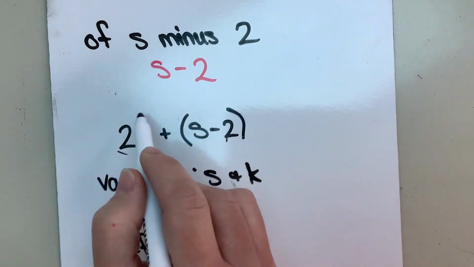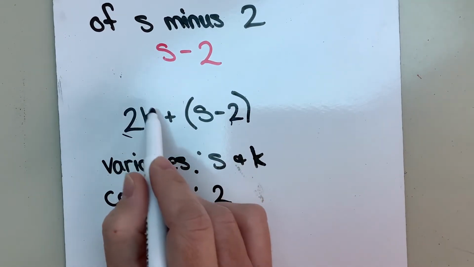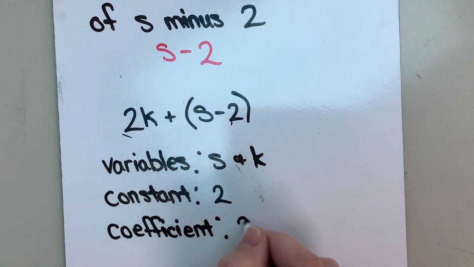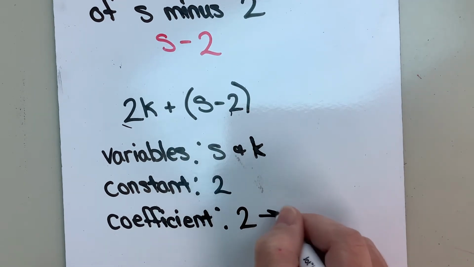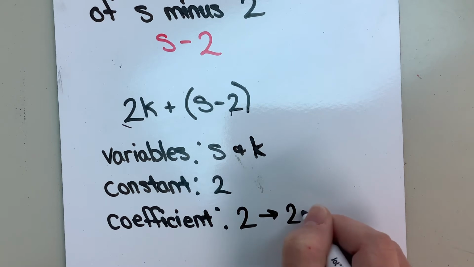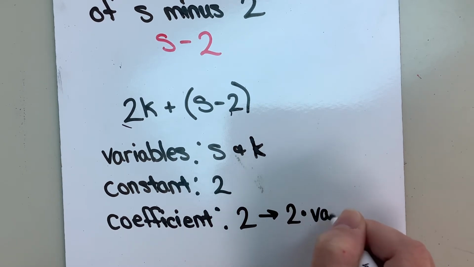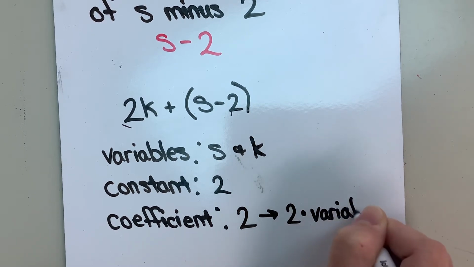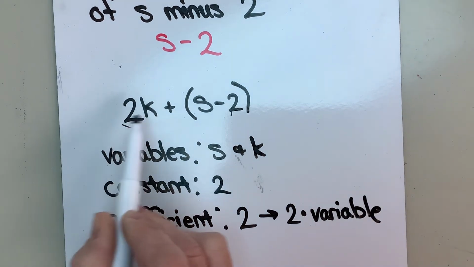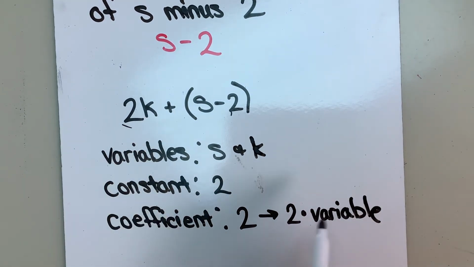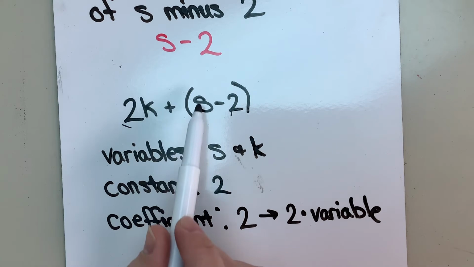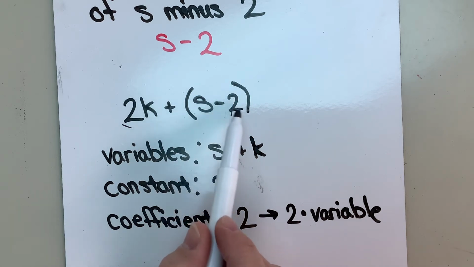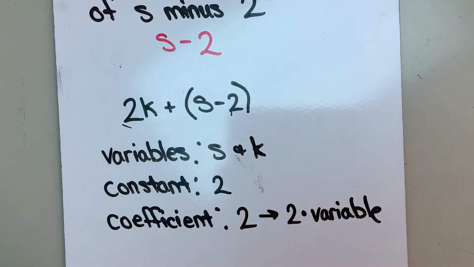So this term has your coefficient in it. The coefficient is the number, but it means 2 times the variable. And that's why we didn't actually need to write a dot, because it always means you're multiplying your coefficient and your variable. Amount of terms, there's 1, 2, and 3. So this has 3 terms.